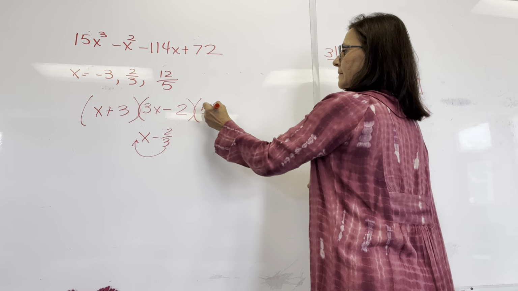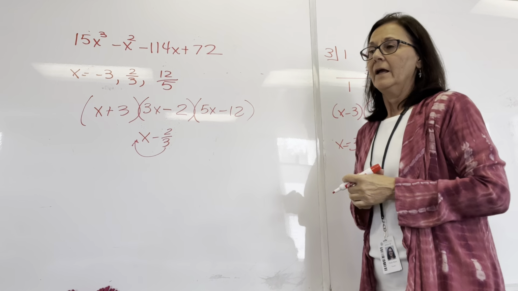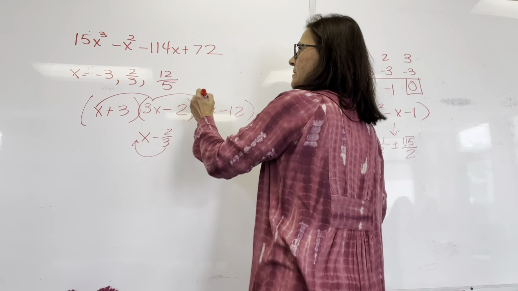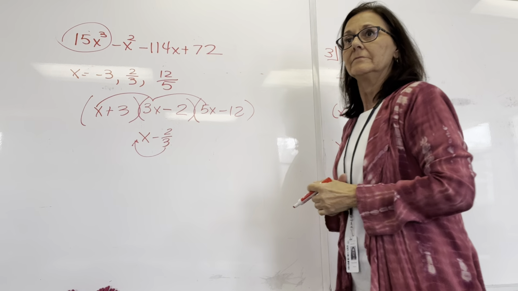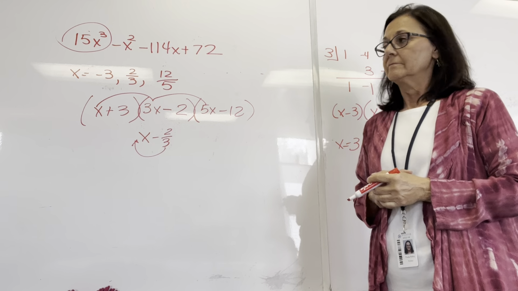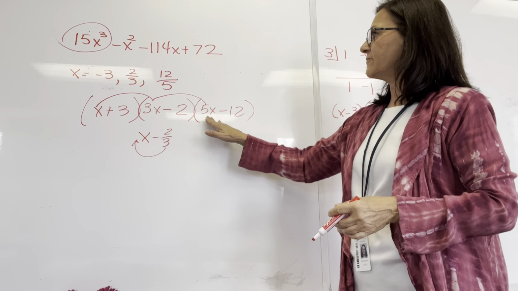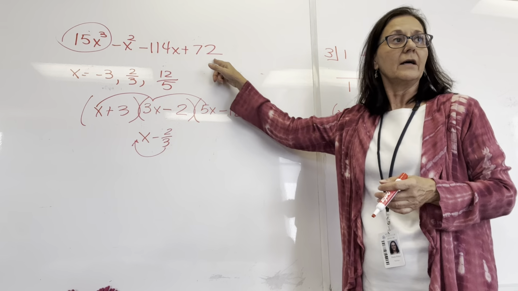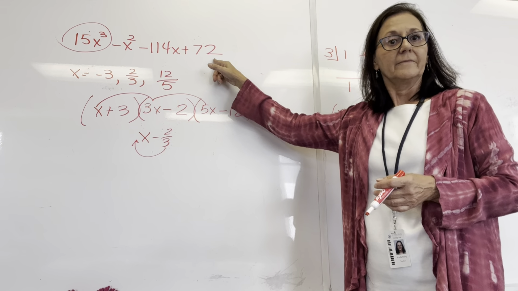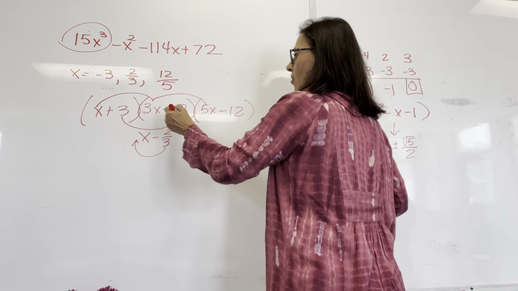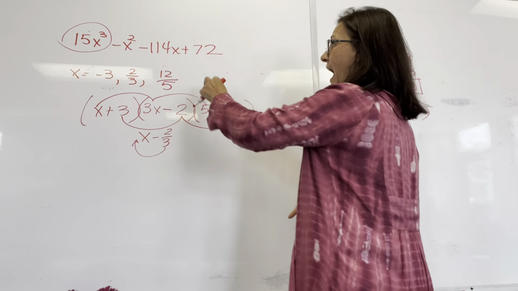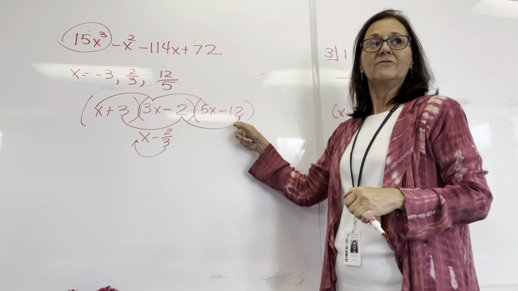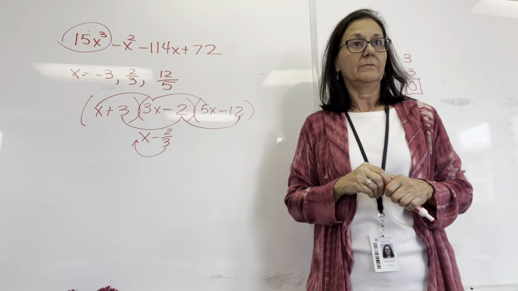X minus 12. Here's what has to be true. When I multiply all the first terms, I have to get the first term. X times 3x times 5x gives me 15x cubed. How do you think I get the constant? When I multiply all of the constants, I have to get positive 72. That's negative 6 times negative 12 is positive 72.